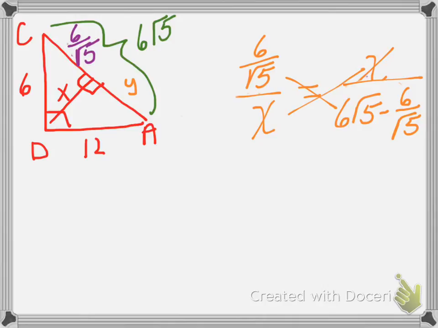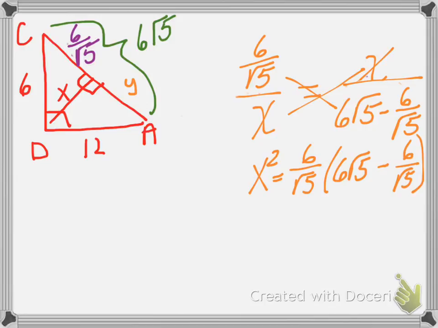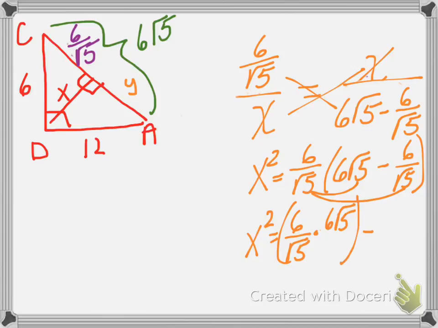So we're going to cross multiply. We get x squared equals 6 over radical 5 times, you need the parentheses here, 6 radical 5 minus 6 over radical 5. Next we're going to have to distribute to each term. So we're going to get 6 over radical 5 times 6 radical 5, that's our first piece, minus 6 over radical 5 times 6 over radical 5.